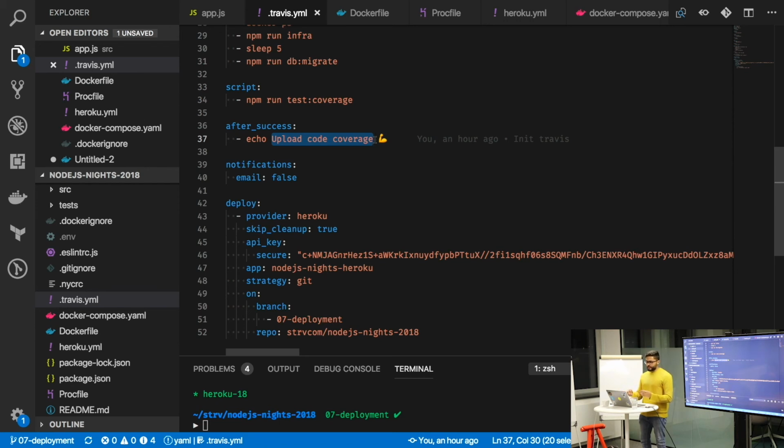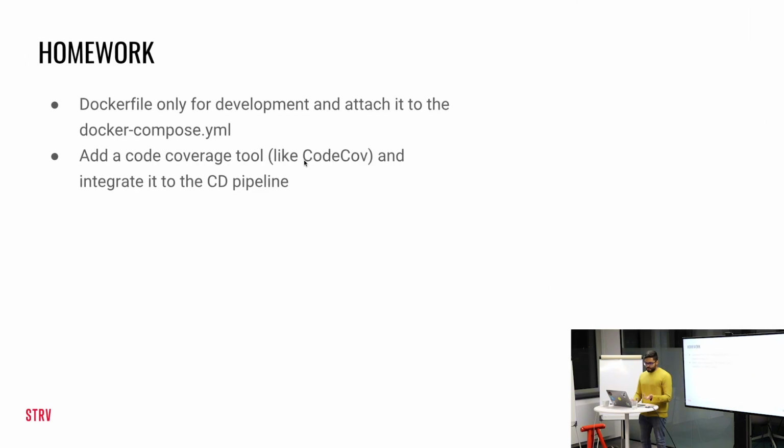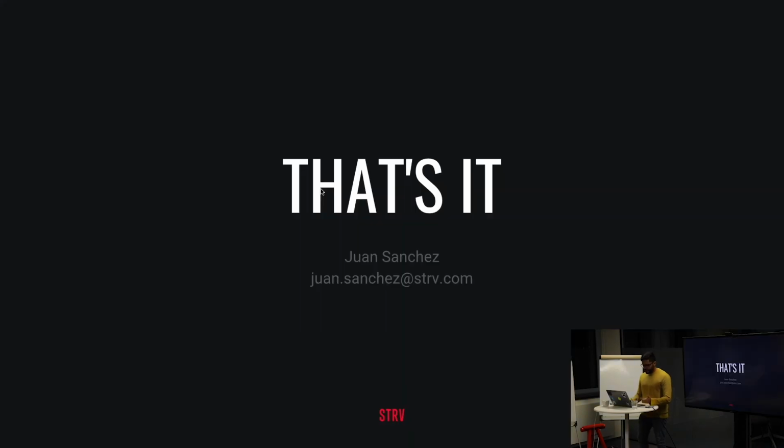The idea is that, for example, this service integrates very well with GitHub, and you can see it on pull requests or in automatic comments, or you can even push the code coverage to a Slack channel, and you can continuously see how the coverage is working on your code. So with Travis, I would recommend using CodeCov. It's free for public repositories. So yeah, that's the homework. Yeah, that's it.